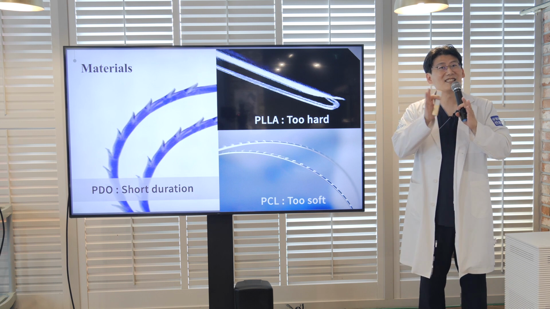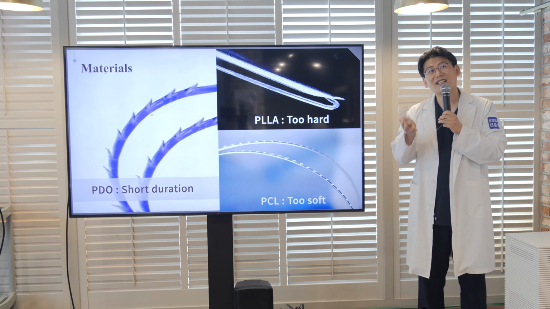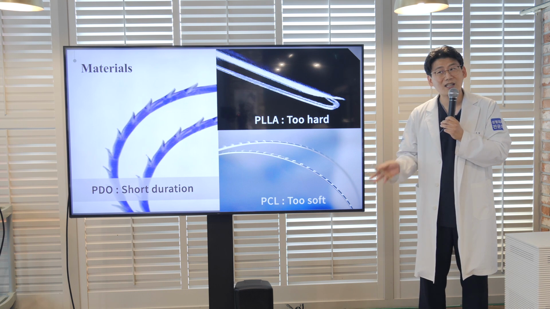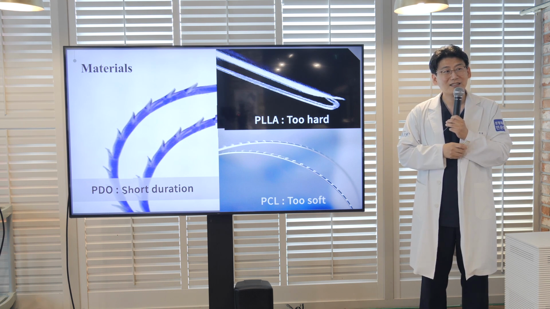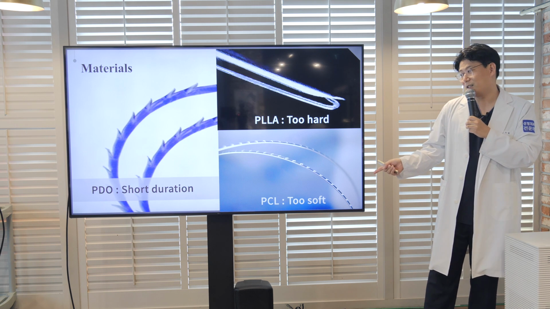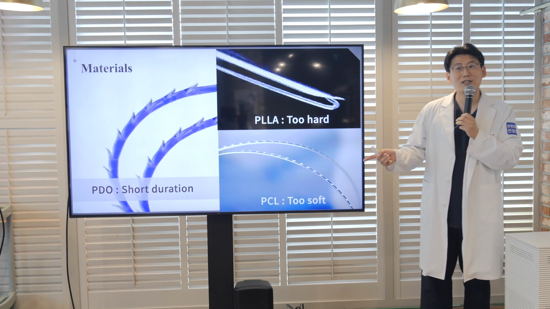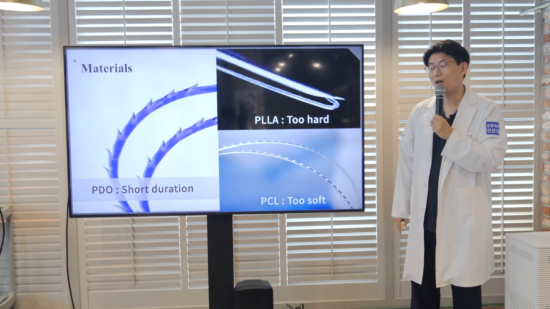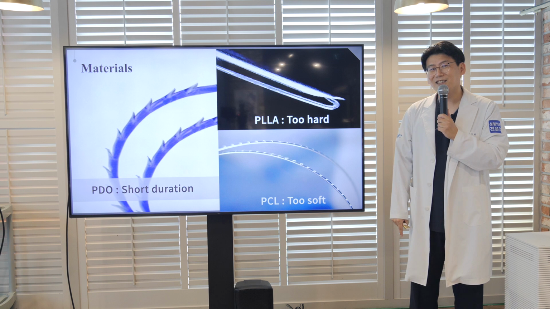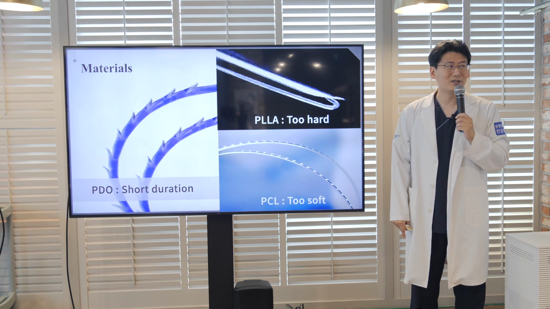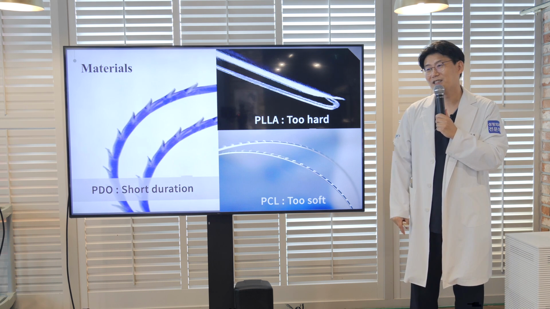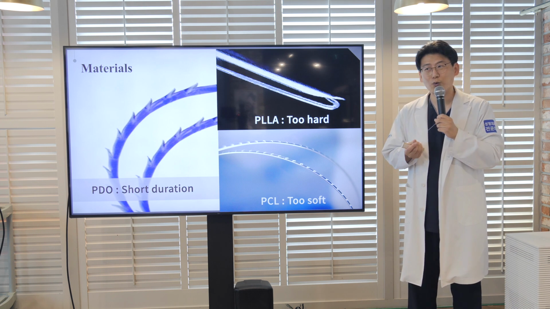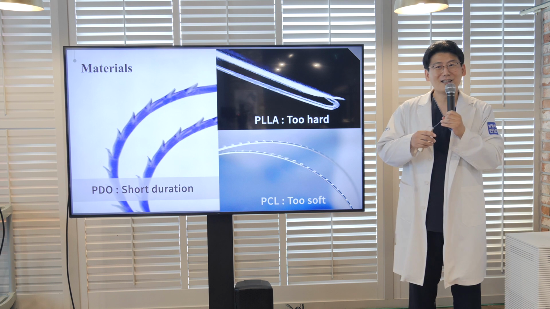So the third candidate for lifting thread was PCL, polycaprolactone. It goes for more than 24 months, really long, but it's too flexible and too soft. It can be easily deformed during processing. It's really weak to heat. We cannot process it.